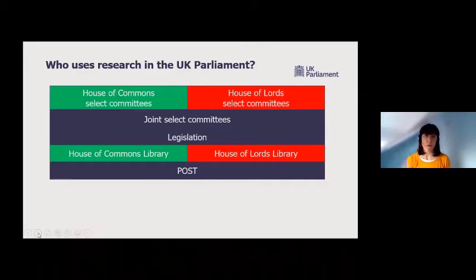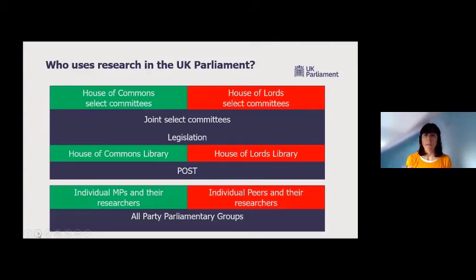So I'm going to give you a whistle-stop tour through these. I suppose you could call them the more formal sides or processes at Parliament who use research. But this floating box down the bottom is the more informal or political side of who uses research at Parliament. So we've got individual MPs and their researchers, a confusing job title.